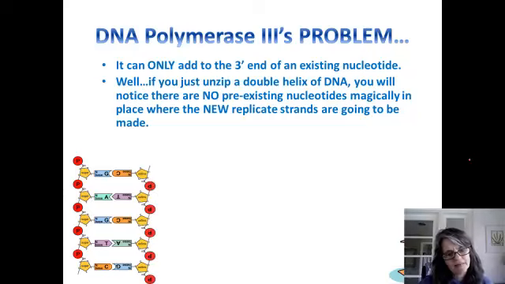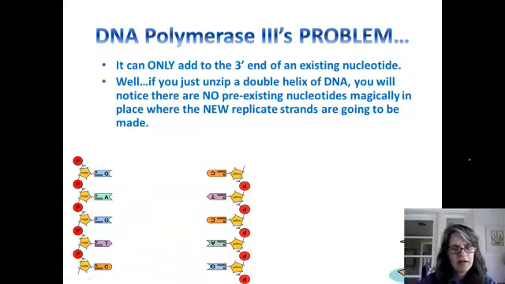If you look at it in this diagram, it's a little bit more clear. If we open up the DNA molecule, as I just did, so now there's this great big empty space in the middle, I need a hook here. I need some kind of nucleotide to exist here to hang my next nucleotide off of. I've got to have a 3' end here.